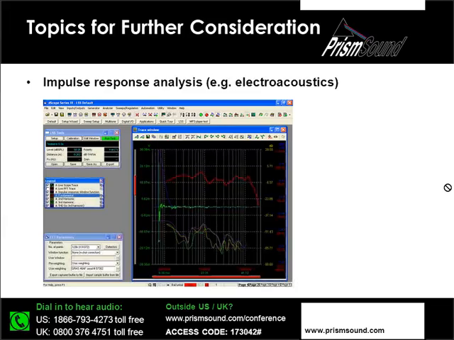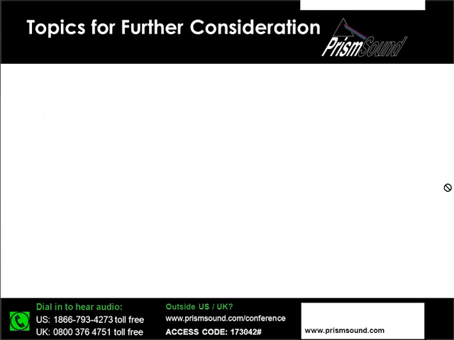Likewise, electroacoustic analysis relies very heavily on FFT processing when we're talking about making gated impulse response measurements to remove room reflections from our loudspeaker measurements. These are two examples where we go a step beyond what we've done today in terms of FFT analysis and really get to exploit the power of FFT processing.